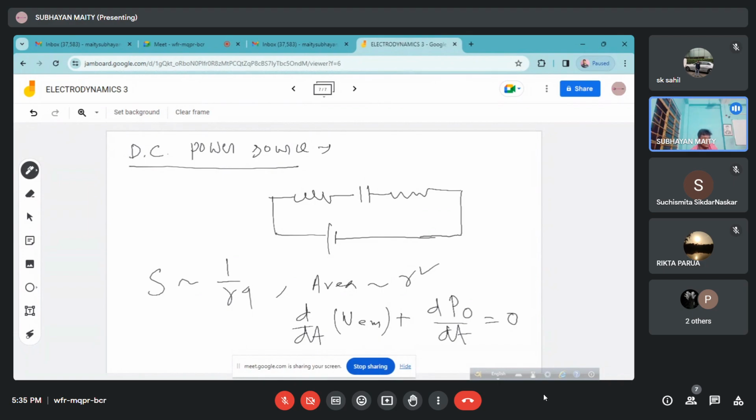KVL says summation over I V_i plus I_i squared R_i equals 0, which means the total power dissipation is 0. The total power dissipation in a circuit is 0 because one circuit component will lose power and another circuit component will gain the power. So there is no net loss in the electromagnetic power, or the time rate of change of electromagnetic energy.